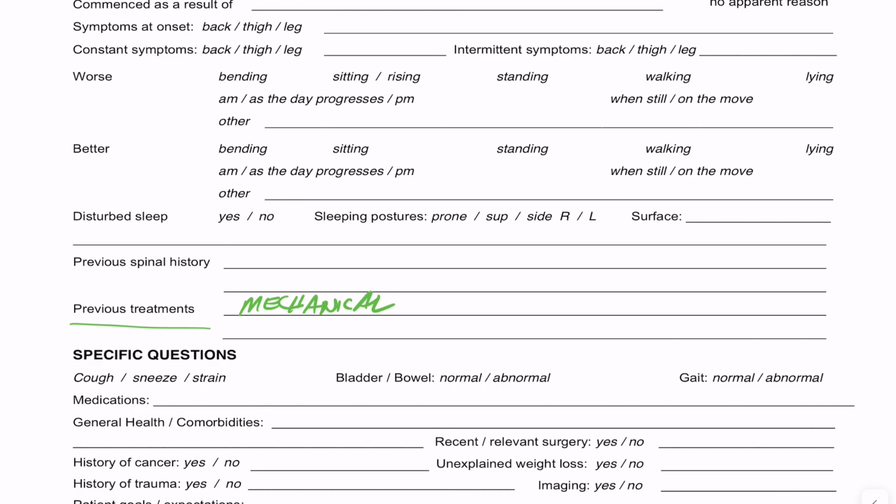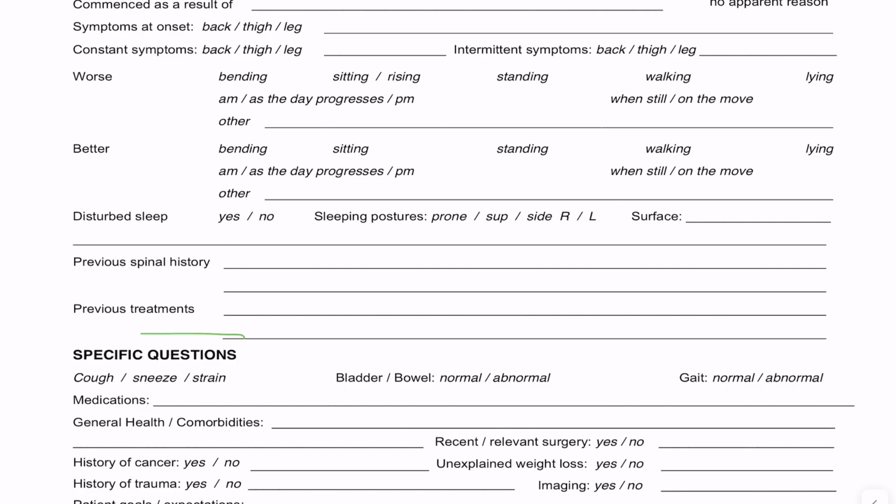So this is partly a safety question, but it also can be a question about things that might help you to know what you should or shouldn't include. If they've been getting adjustments or massage or whatever for some time, and it keeps giving temporary benefit, well, you may not want to think about that as a top tier intervention in your plan of care. So that's kind of why that's on there.